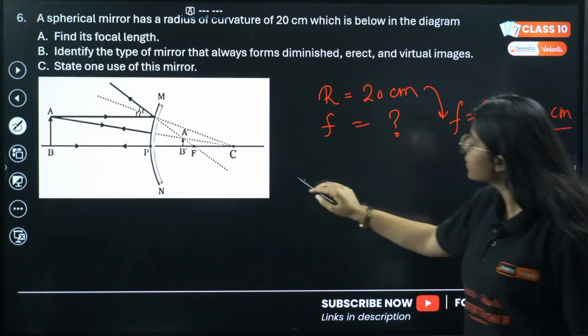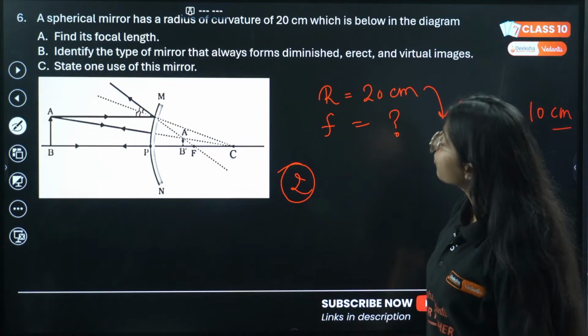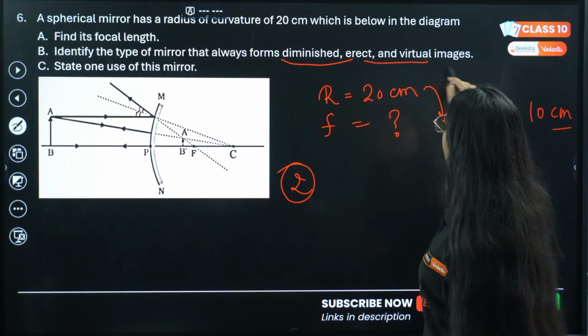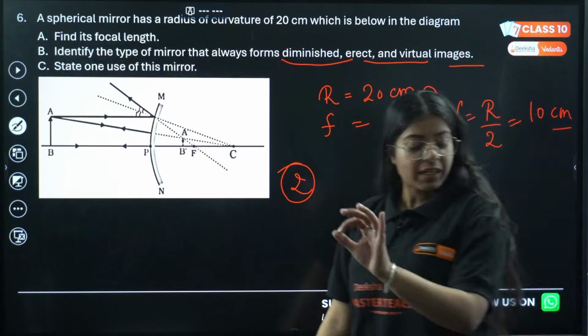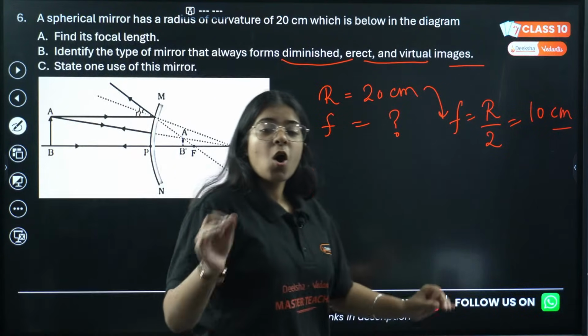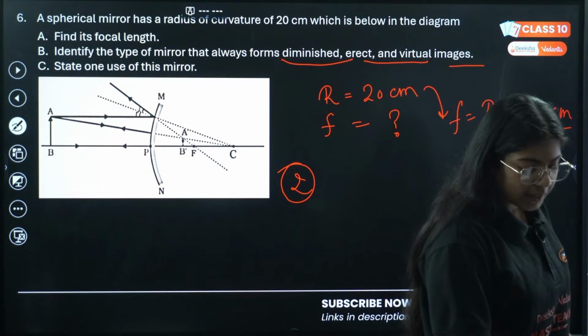Now answer the second part. It says identify the type of mirror that always forms diminished, erect, and virtual image. The keyword is always. What kind of mirror always forms virtual and erect image? Parth is saying convex.